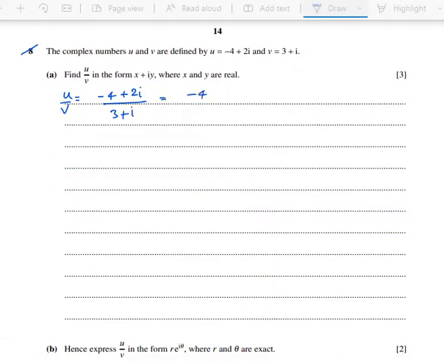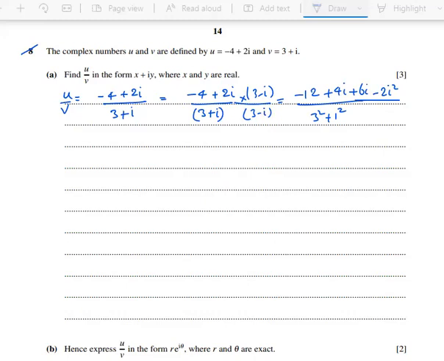Here if I rationalize this, I have to multiply by the conjugate, 3 minus i divided by 3 minus i. Okay, so below will be 3 squared plus 1 squared. Then the numerator will be minus 12 plus 4i plus 6i minus 2i squared.